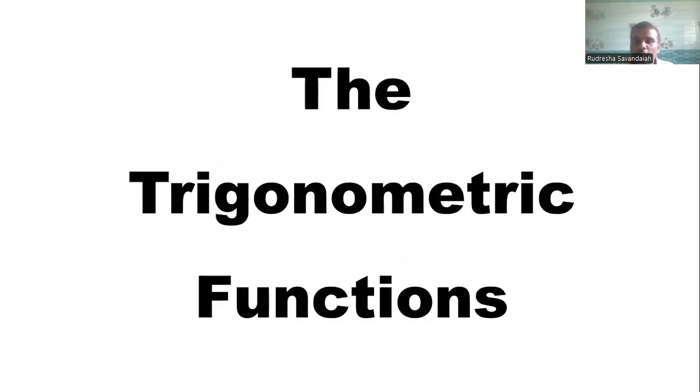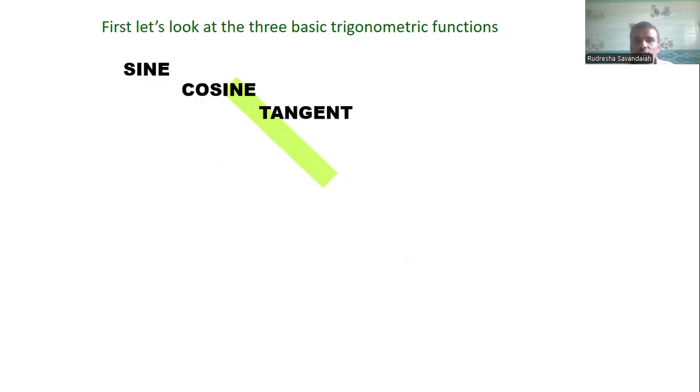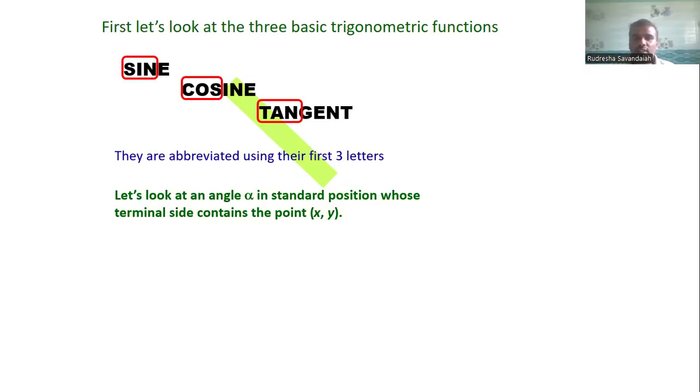The trigonometric functions. Next, I will go for an explanation of the trigonometric functions. Sine, cosine, and tangent are abbreviated using their first three letters: sin, cos, and tan.